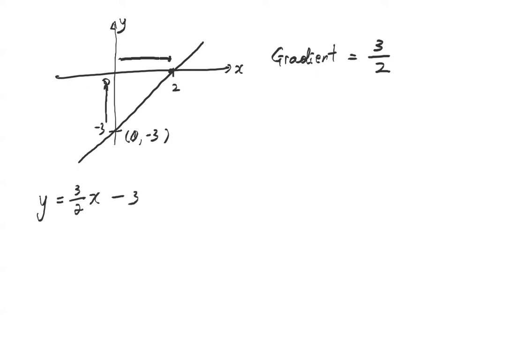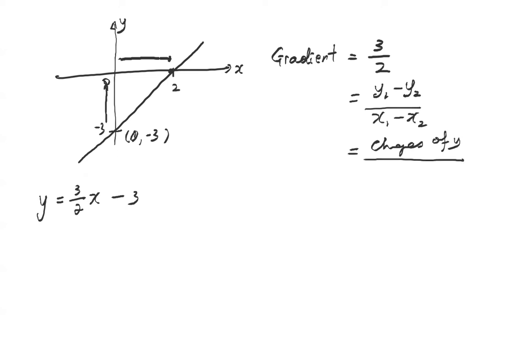Am I right? So if I have the gradient, you know that in high school you learned how to find the gradient using this formula, correct? We call it change of y over change of x. This should come first before this. That's why just now your friend said the rate of change.